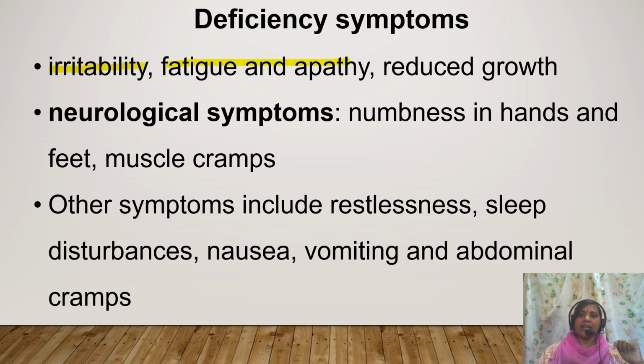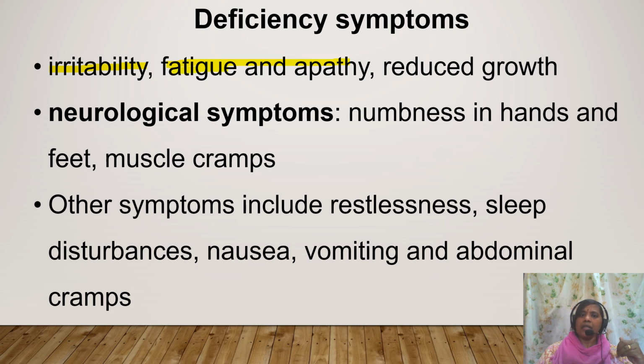The fatigue actually refers to a feeling of tiredness or a continuous exhausted feeling. This is because coenzyme A is required for energy metabolism. The low coenzyme A levels affect the energy metabolism, hence there will be a feeling of tiredness. That is what fatigue is.